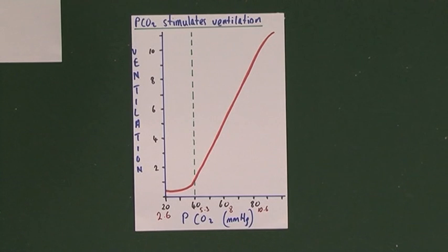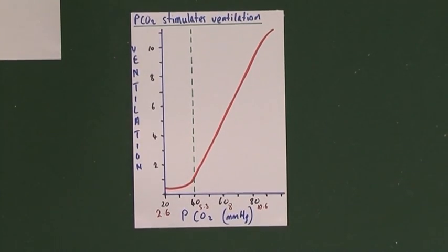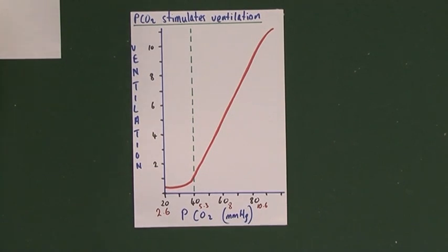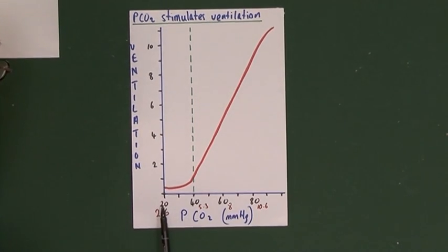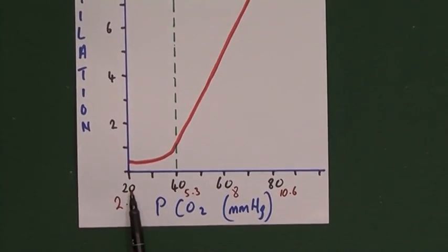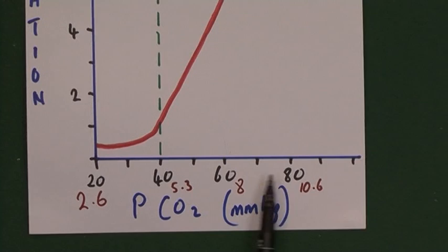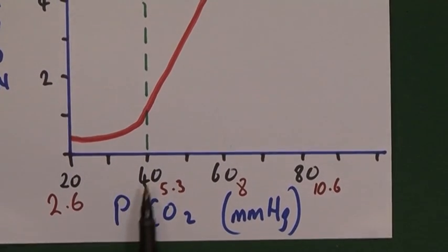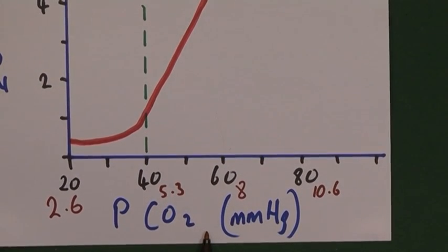Let's look now at what happens when the medulla oblongata does sense increased amounts of carbon dioxide in the blood. Now, what we've got here are partial pressures of carbon dioxide in the blood, and these figures are in millimetres of mercury. The partial pressure of carbon dioxide is the proportion of the total pressure of gas in the blood which is carbon dioxide.